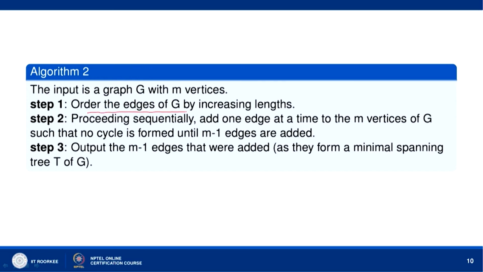We arrange the edges of G by increasing lengths, and then proceeding sequentially we add one edge at a time to the m vertices of G, such that no cycle is formed, until m minus 1 edges are added. As soon as we have added m minus 1 edges and ensured that no cycle is formed, the output will be the m minus 1 edges that were added, and they will form a minimal spanning tree of G.